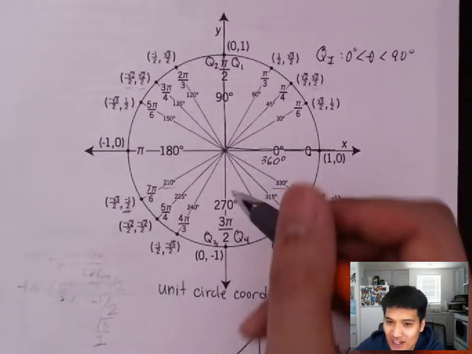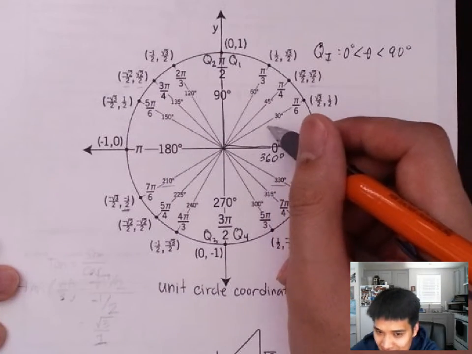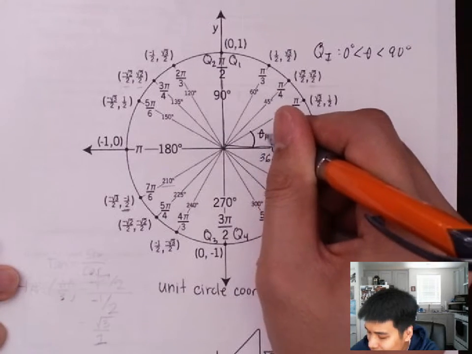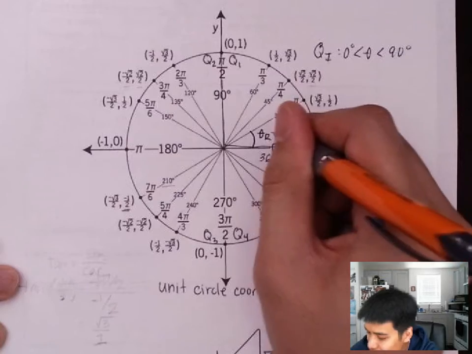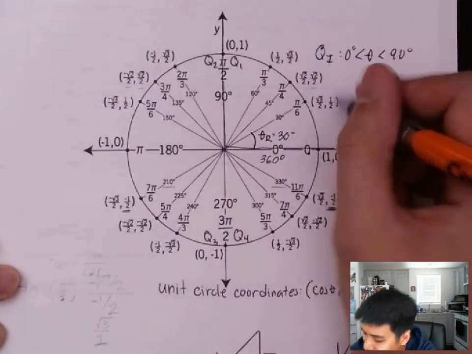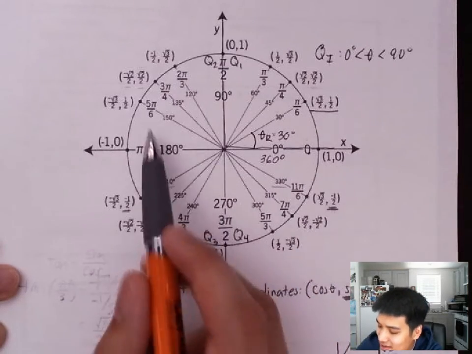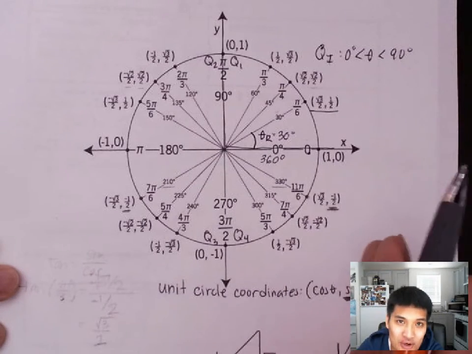If you look back here again, let's take a look at 30 degrees. This right here has a reference angle, I'll call it theta subscript r, of 30 degrees. You see these are the coordinates for that. There are actually going to be 3 more spots in this unit circle that have similar coordinates.